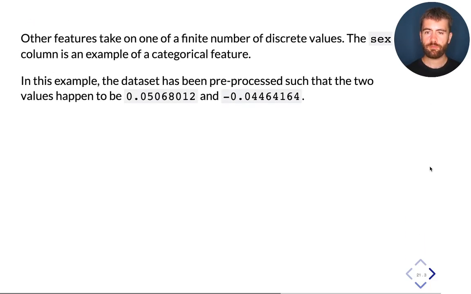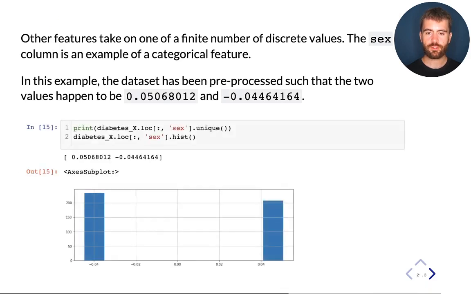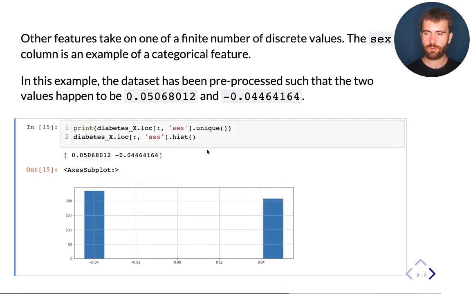An example of a discrete feature is the sex feature. If I plot the histogram of the sex feature, you can see that across all the patients, it only takes two values. The way that scikit-learn has packaged the diabetes data set, they happen to take these two numerical values, but they might as well take the values 0 or 1. These two numbers are arbitrary.